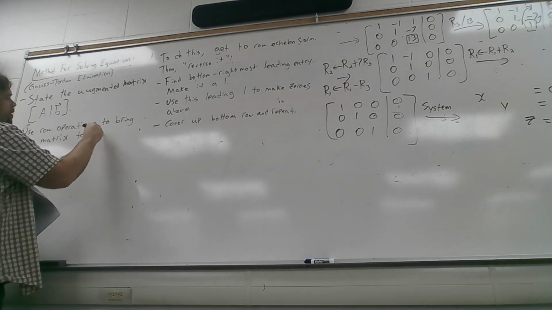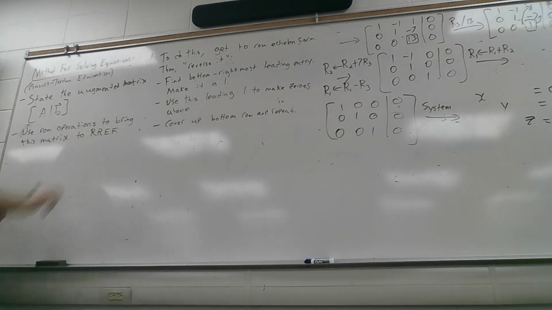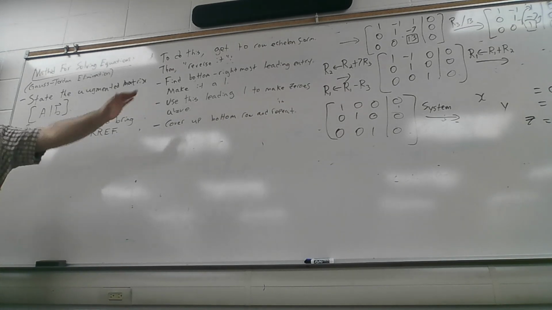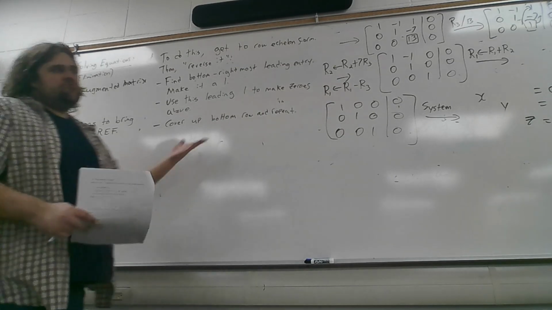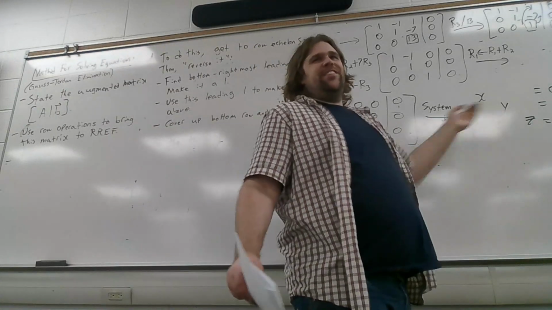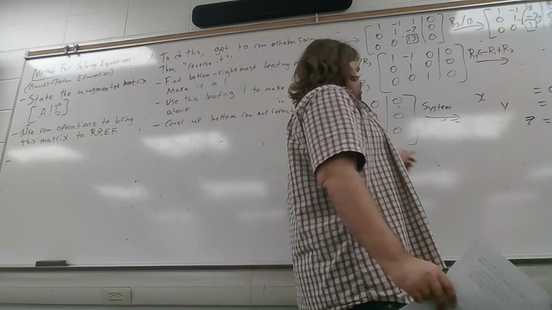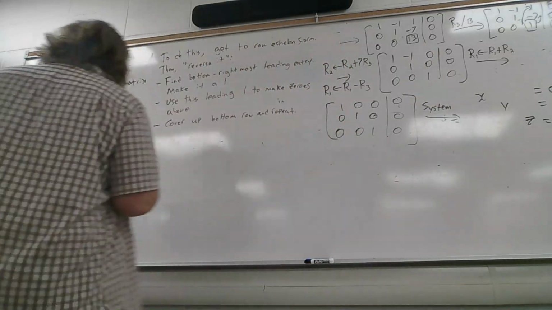I'm going to start writing RREF because we end up writing it a lot, so it's nice to get used to it. I will always pronounce what it is, reduced row echelon form, but I'll write RREF. So that's just perform all the operations, basically just do the process we just described. Step 3 is, again, do the process we just described. We're going to reinterpret it as a system of equations.